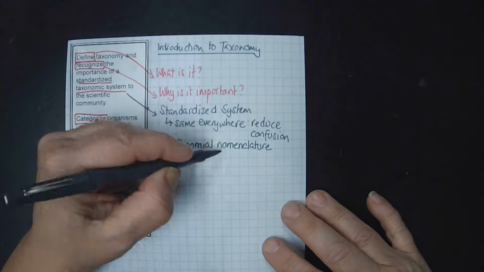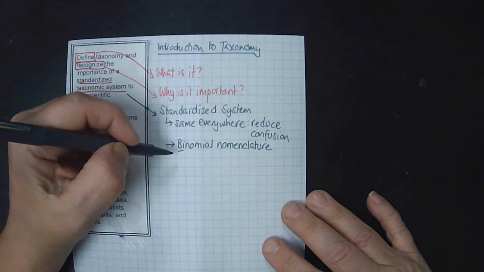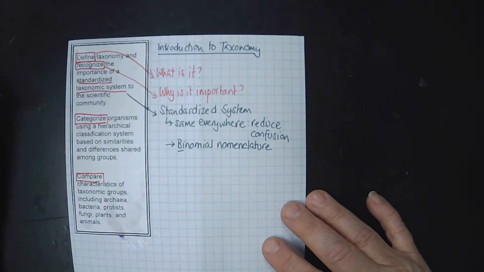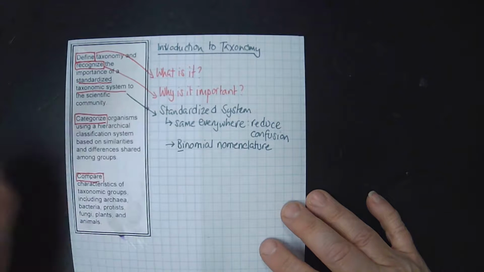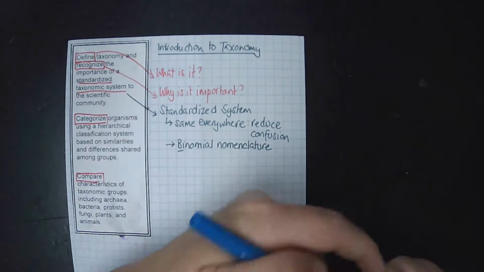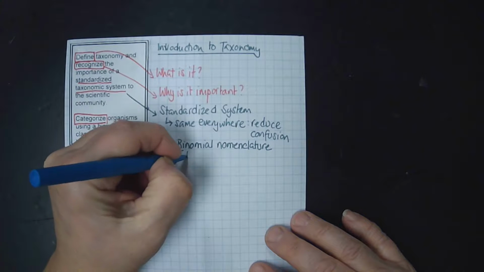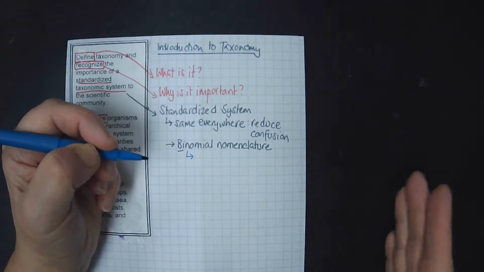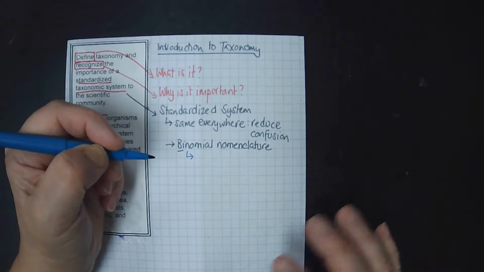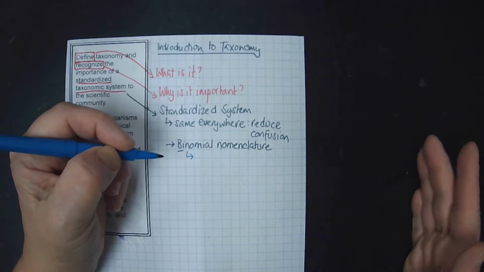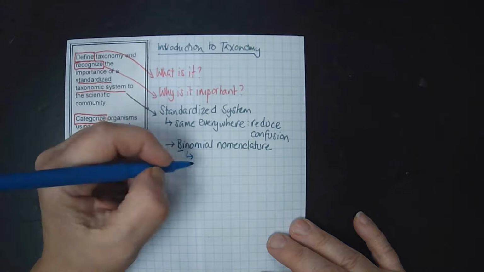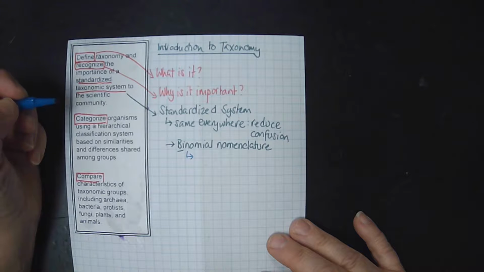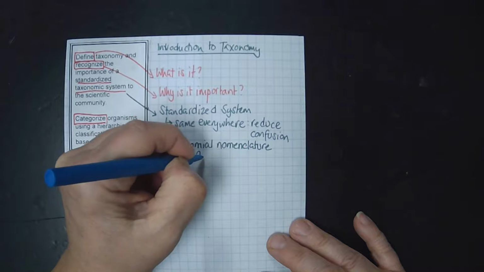And nomenclature is just naming. That's what this term means. But when we talk about two names, unlike Karaka being my family name, unlike my last name being my family name, when we name stuff in science, we use two names.